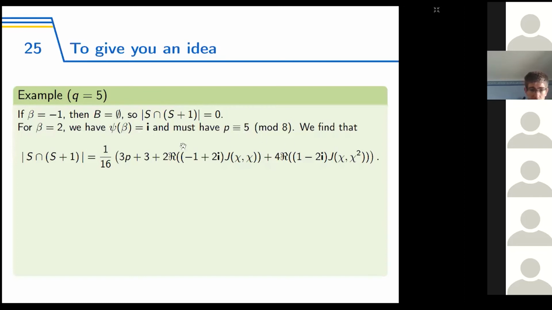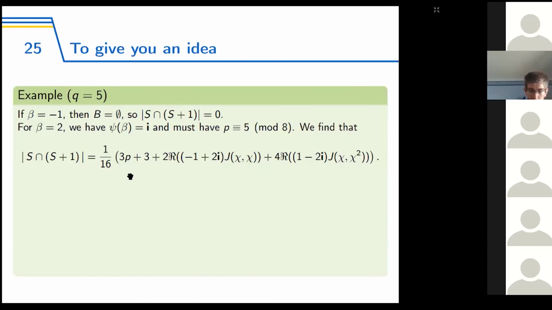And in this case, you apply immediately the formula, and you see that this intersection size equals 1/16 of this sum. So the only thing that remains is to compute these two Jacobi sums.